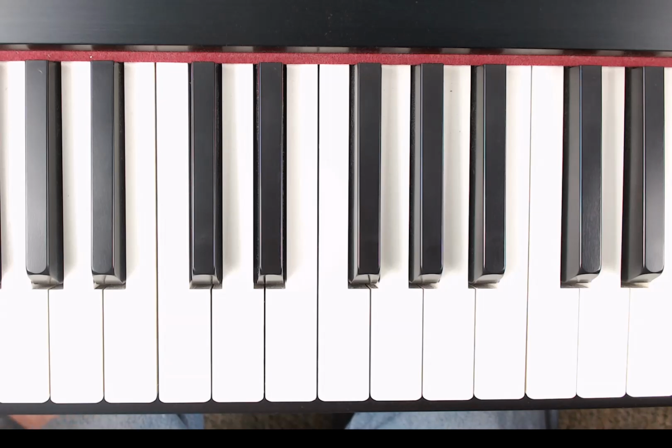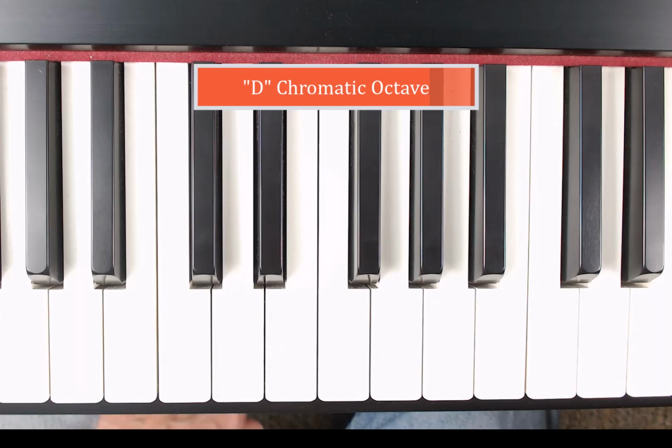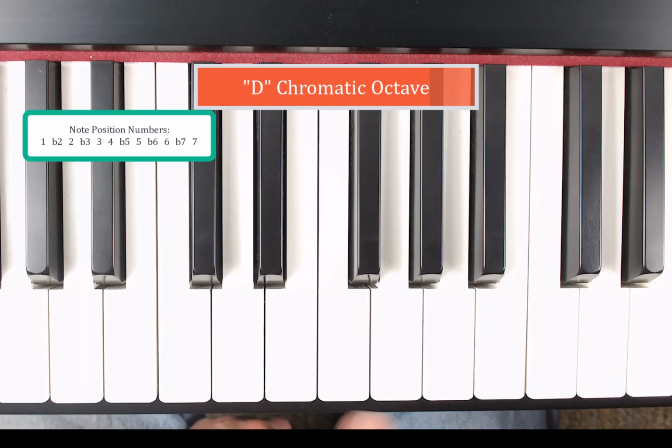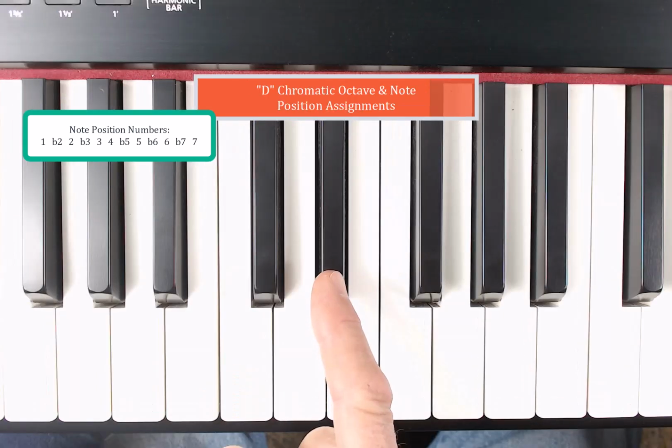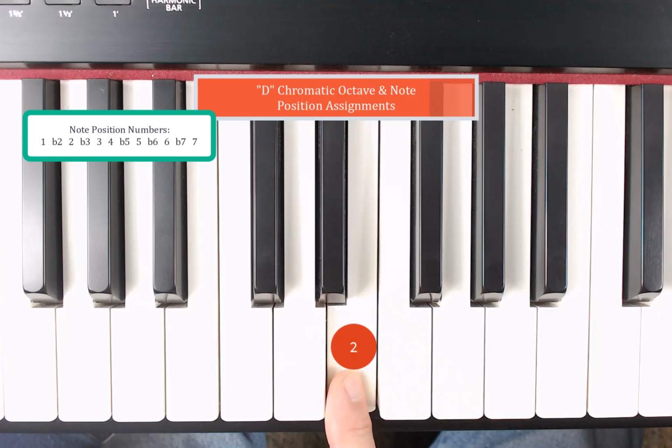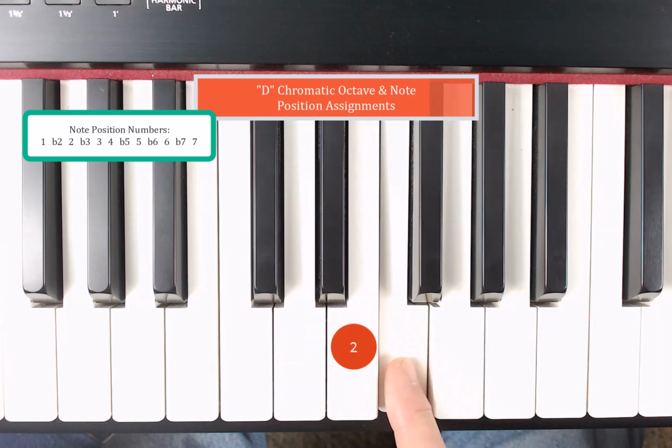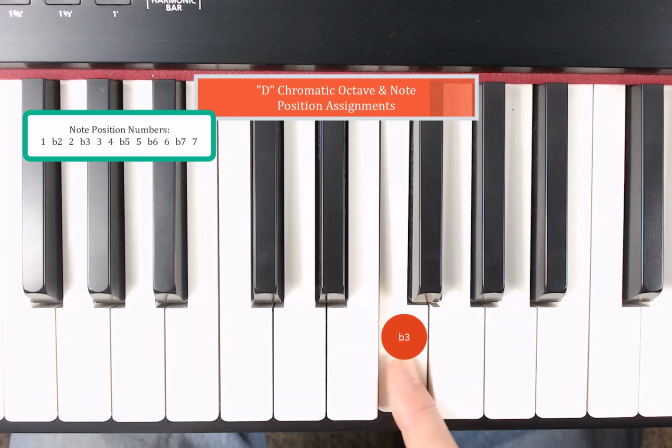So let's assign note position numbers to the D chromatic octave and see how these numbers shift again. So if we start here with D and go flat 2, so here's 1, flat 2, 2, flat 3. And notice now that the flat is on a white note.